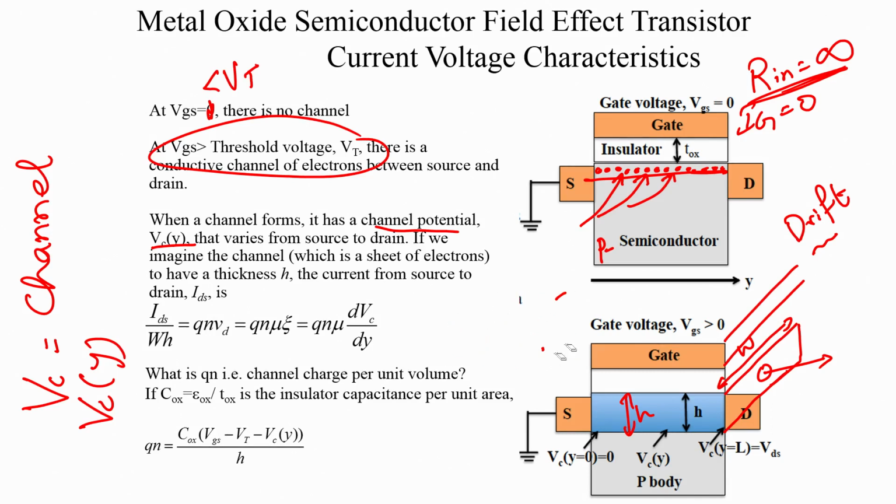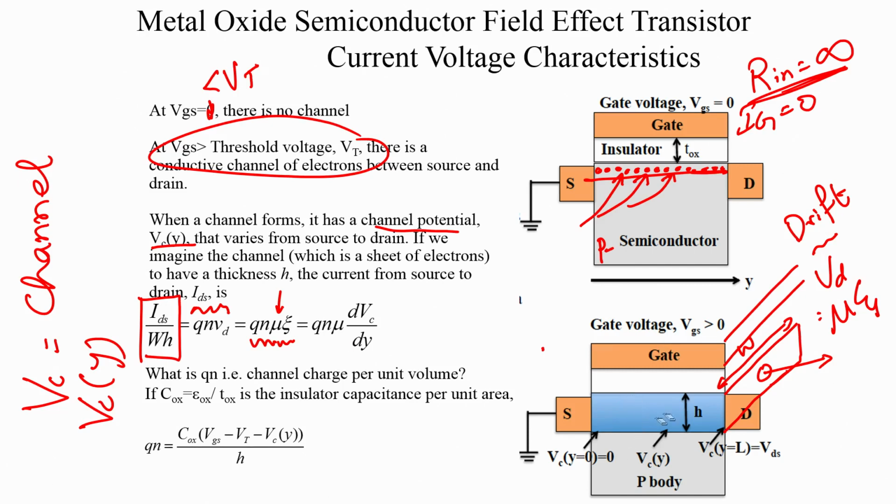So, we can write this little equation down, which is IDS by WH is the current density, and that is equal to Qn into the drift velocity. But what is drift velocity? The drift velocity is nothing but the mobility times the electric field. So, we can rewrite that equation as Qn mu into the electric field, where mu is the mobility of the electrons.